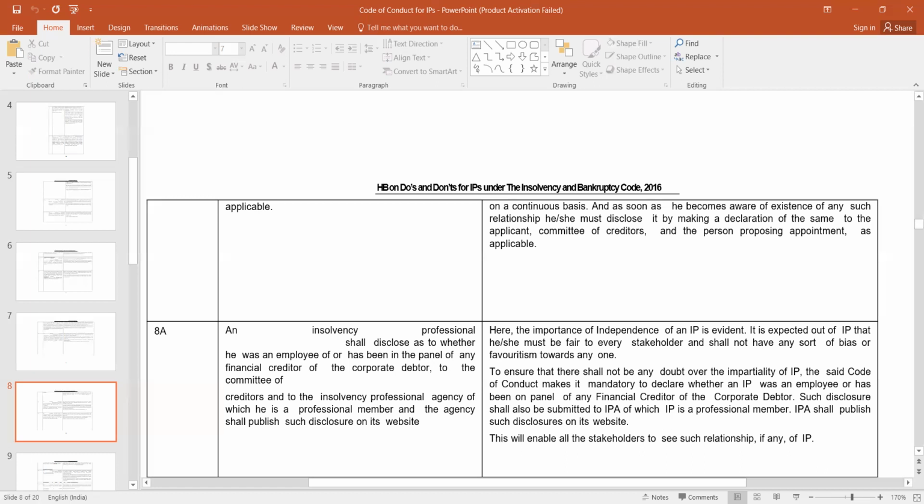The bar here is not on accepting the assignment, but it is your duty to disclose this relationship: that I am the concurrent auditor of this PNB Nariman Point branch, and PNB Nariman Point branch has advanced loans to this CD which is undergoing CIRP. Such a disclosure is required, and you have to disclose this to the COC and the IPA. That is the point.